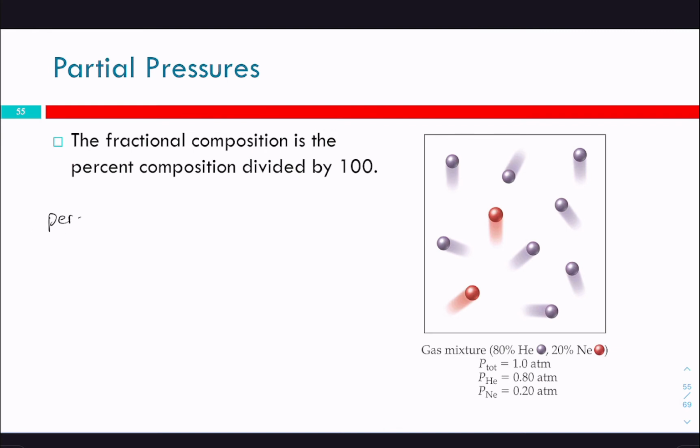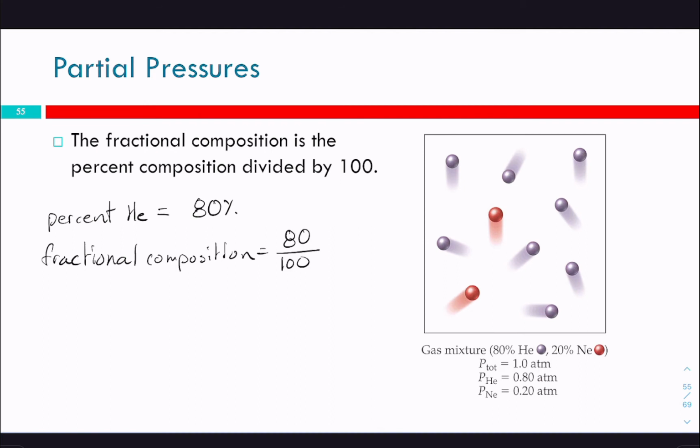The percent helium is 80%. The fractional composition equals 80 divided by 100, or 0.8. So just remember, for these partial pressures, we've got to be using the fractional composition, not percents.